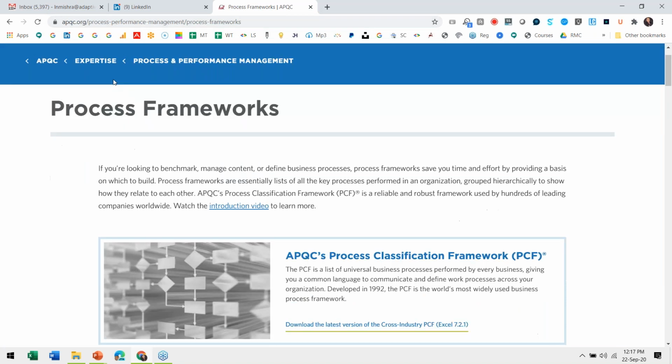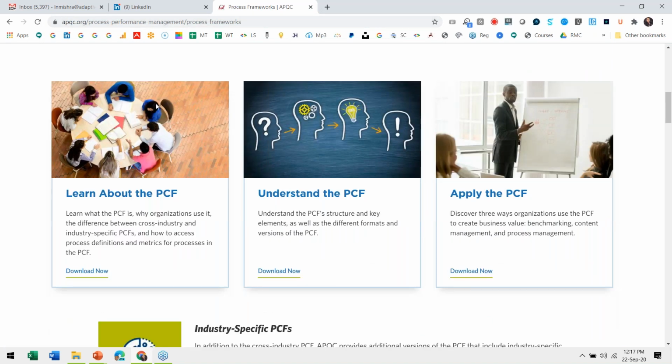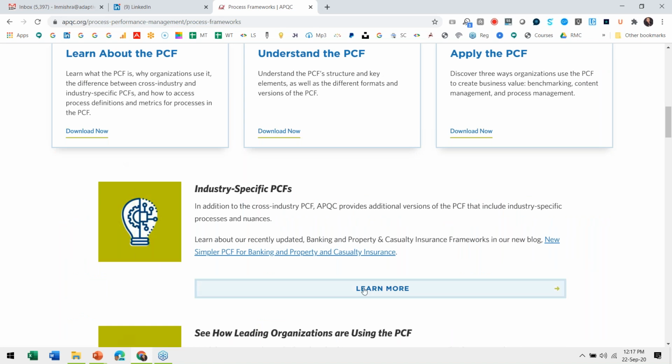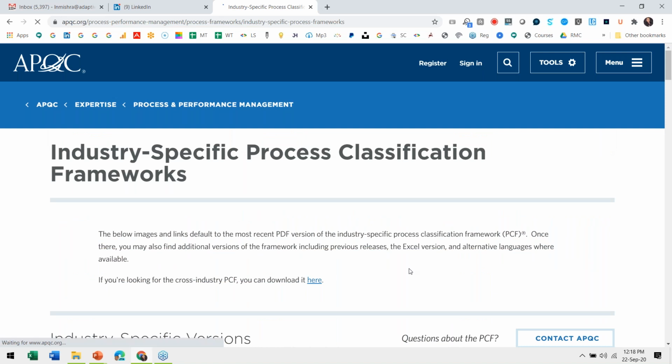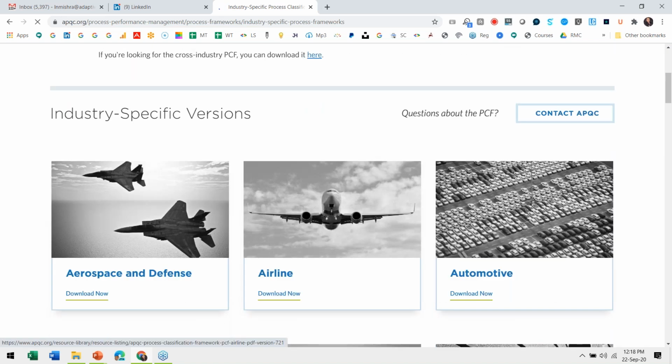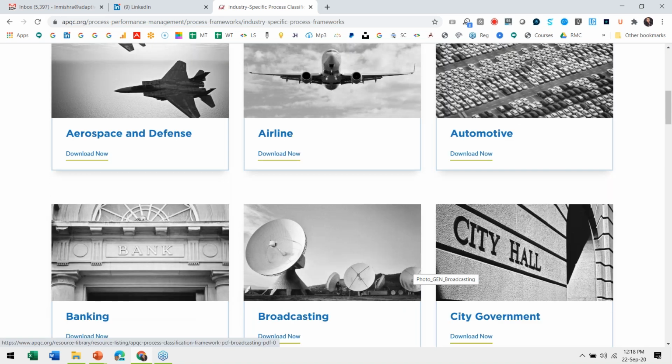In that, you will see there are PCFs which are industry specific. There are about, I believe, 22 or 25 industry specific process classification frameworks, starting with aerospace, airlines, automotive, banking, broadcasting, plenty of them actually.